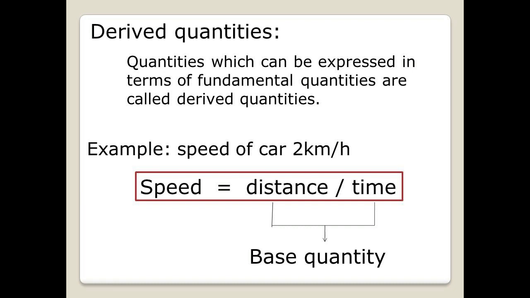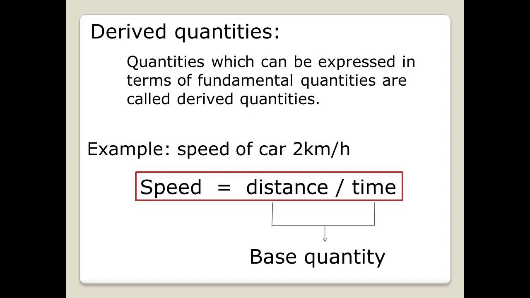Derived quantities: quantities which can be expressed in terms of fundamental quantities are called derived quantities. Here we have an example. Speed of car 2 km per hour. To find speed, the formula is speed equals distance by time. Actually, distance is measuring the length. Both distance and time are base quantities, and speed is equal to distance by time.